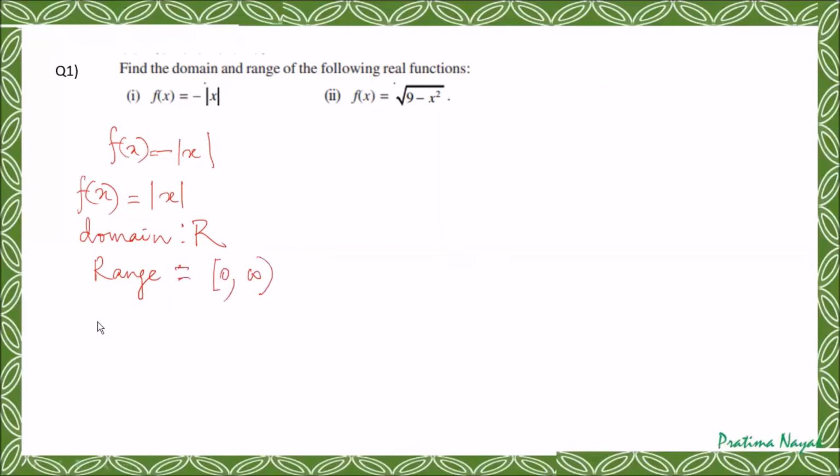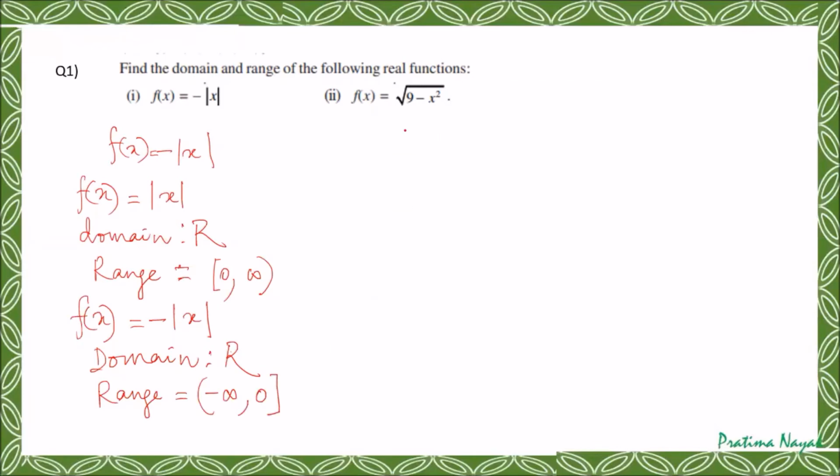Now when it is negative, it will be just the opposite. The domain will be the same: all real numbers, because both positive and negative are included. And when we take the negative of it, the range will be minus infinity up to 0.